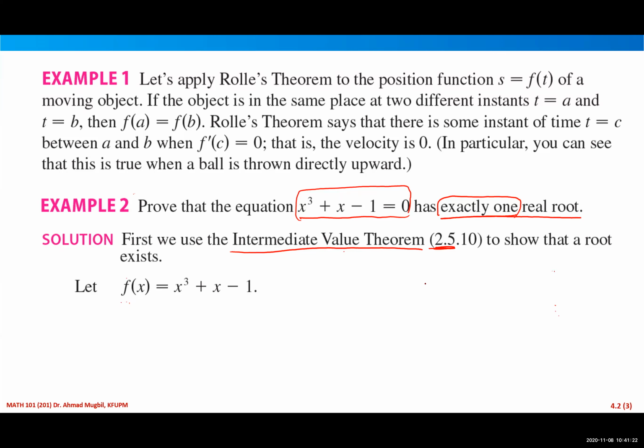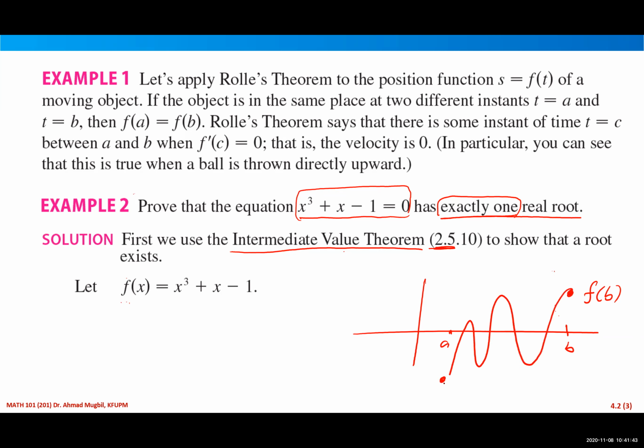It says that if you have, for example, a value of the function here, this is b. Let's say that f at b is positive and f at a is negative. This is here. And it is continuous. Because it is continuous, it must cross the x-axis at least once.